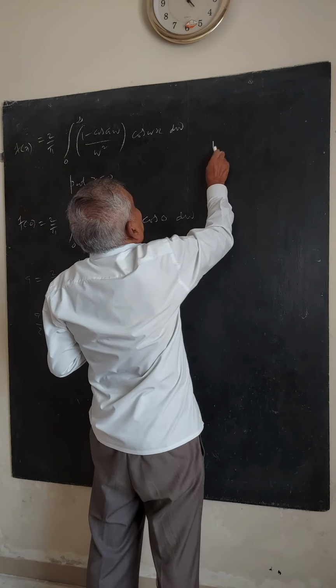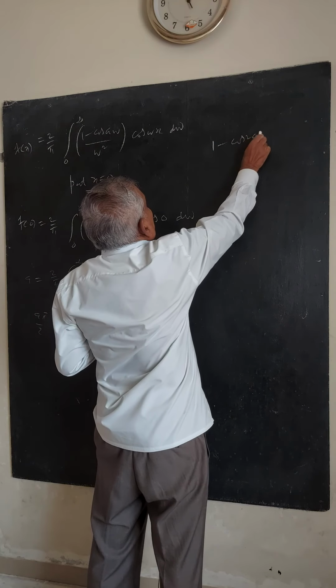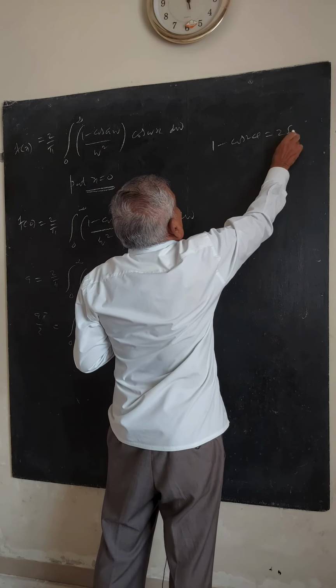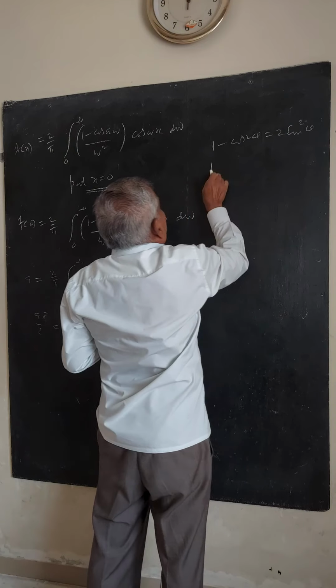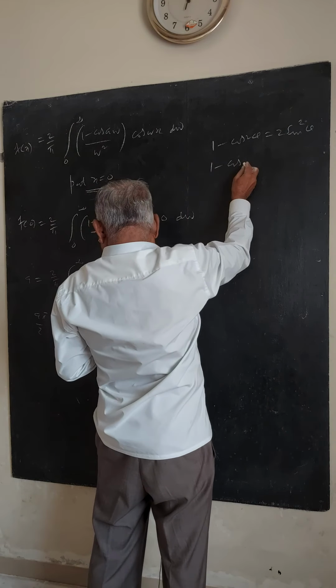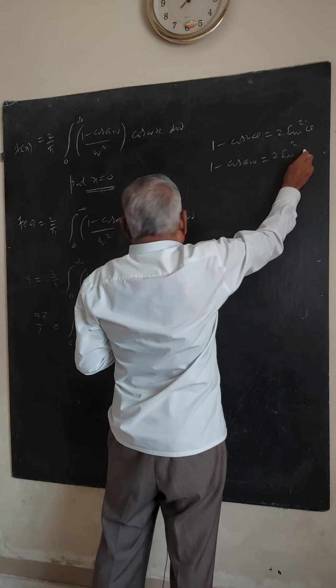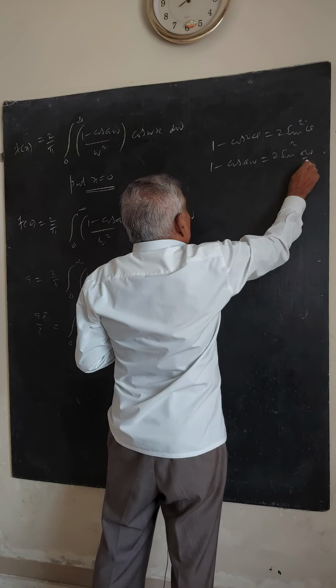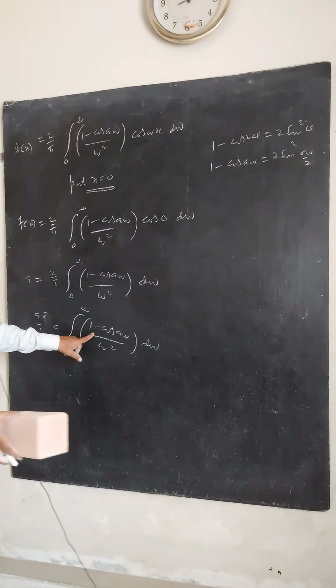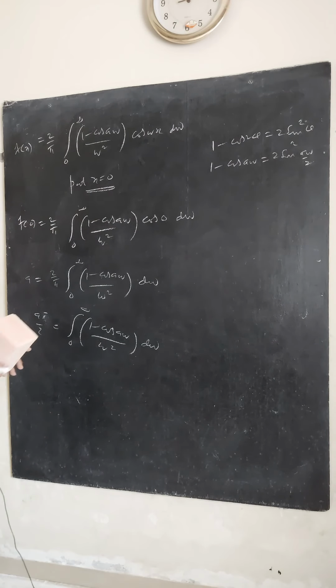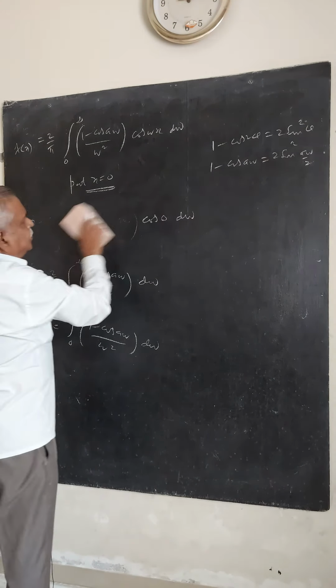We know 1 minus cos 2 theta is 2 sin square theta. So 1 minus cos a omega, half of the angle, is 2 sin square a omega by 2. Instead of 1 minus cos a omega, we are applying 2 sin square a omega by 2.